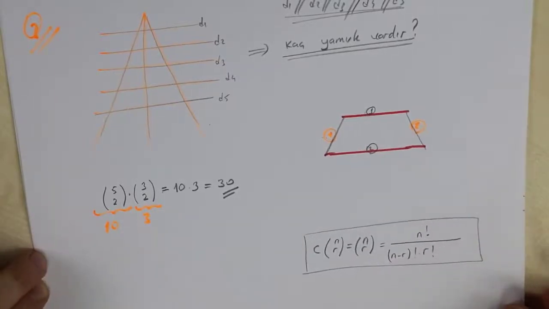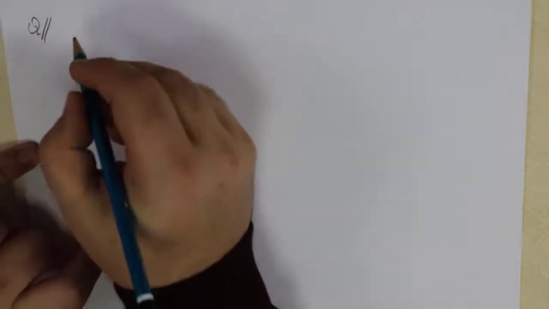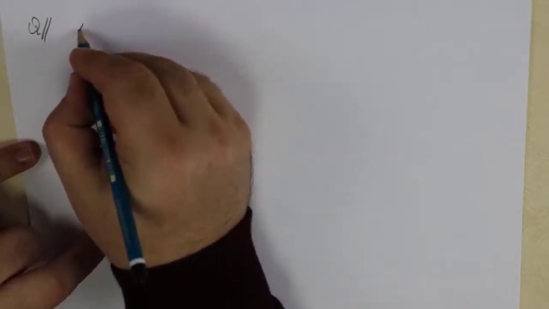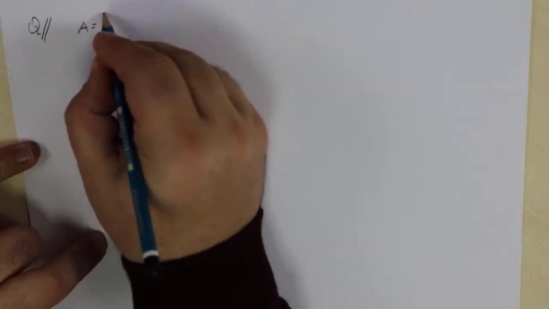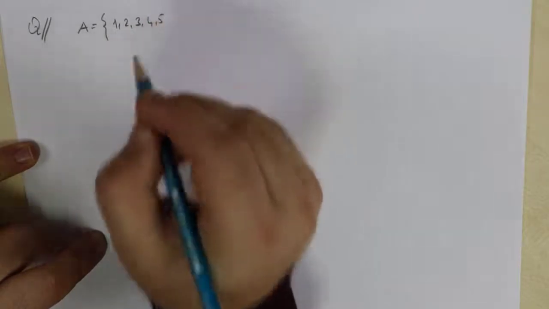Also, let's use a different question with the combination, again with the combination and groups or sets. Let's check. We have a set A equals 1, 2, 3, 4, 5.